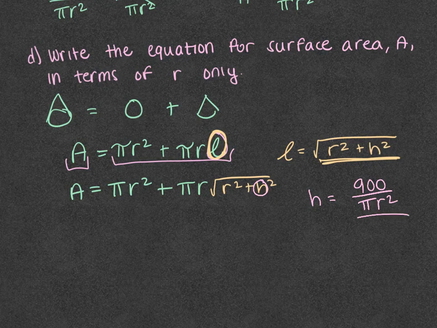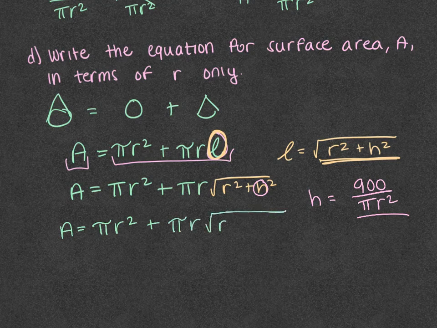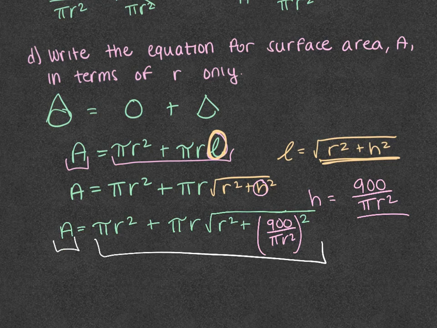So now finally we have A equals pi r squared plus pi r times the square root of r squared plus, in place of h, 900 over pi r squared, squared. Now I know it looks really messy, but we do have the area in terms of r only. Everything in here is an r. So that's it, we're done.